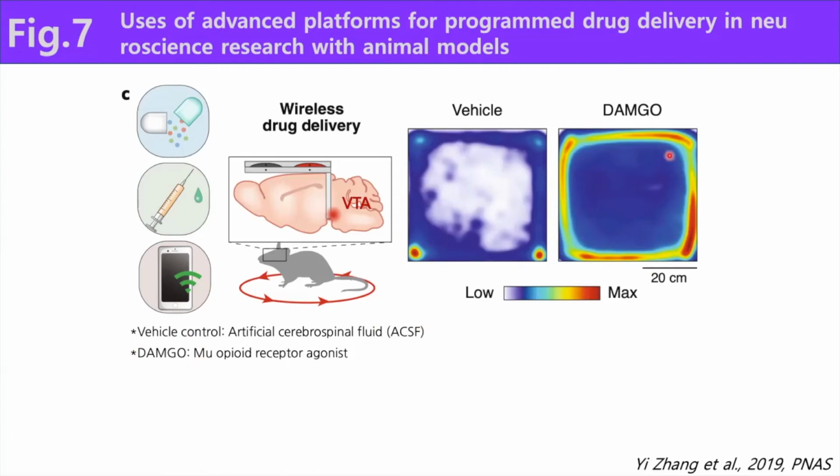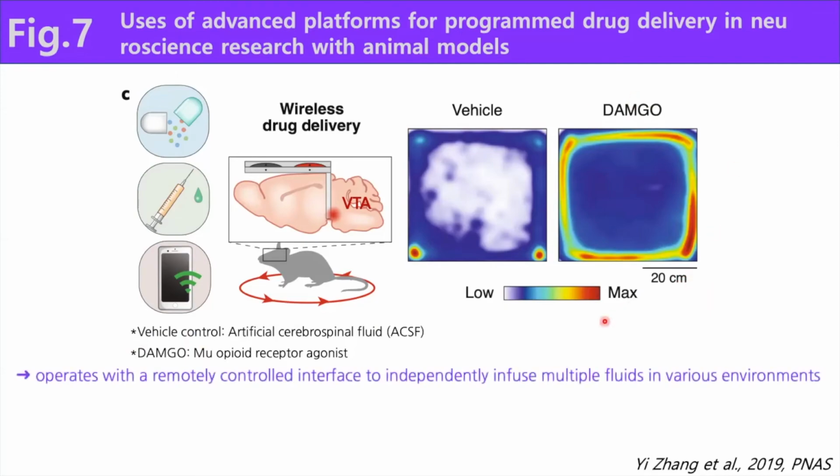This is the heat map of the open field chamber. And as you can see, DAMGO-delivered mice showed increased locomotor behavior. So this system operates with a remotely controlled interface to independently infuse multiple fluids in various environments.